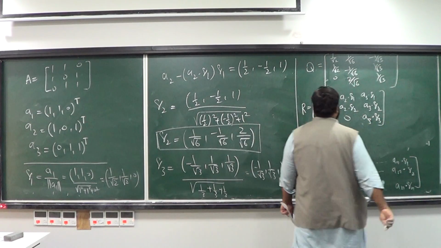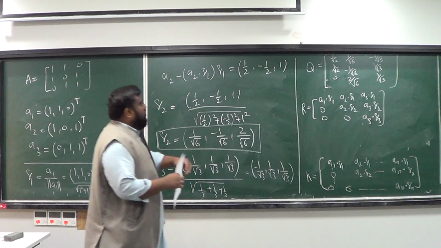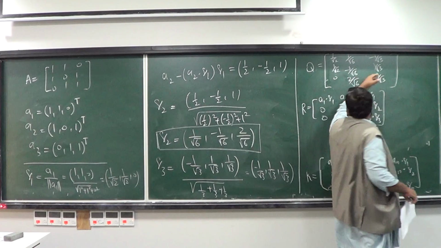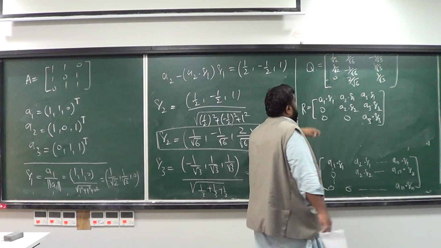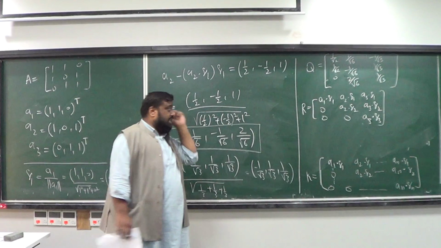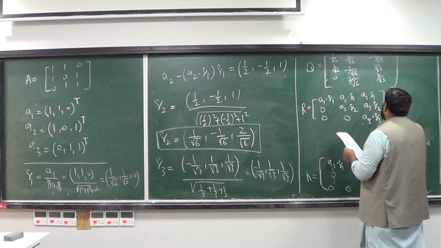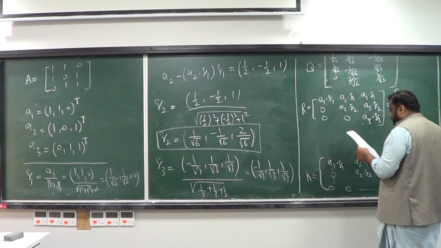Okay, so this is the upper triangular matrix, so you can calculate it easily. You know your Q's, you know your A's, just take their dot product and you're going to get the numbers. I'm not doing the calculation, I'm just writing it. I hope you can calculate the dot products.